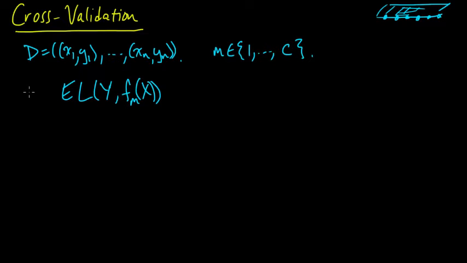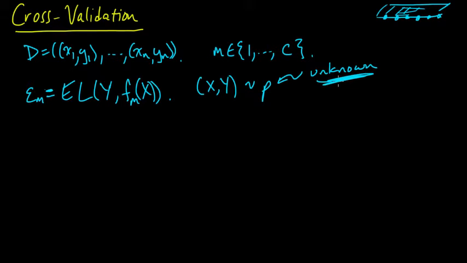Let's call this epsilon sub m, epsilon for error. Think of this as a measure of error. And we're assuming here that x and y are random variables, distributed according to some probability distribution p, some true probability distribution that is unknown to us. So we want to minimize our expected loss under this true distribution.